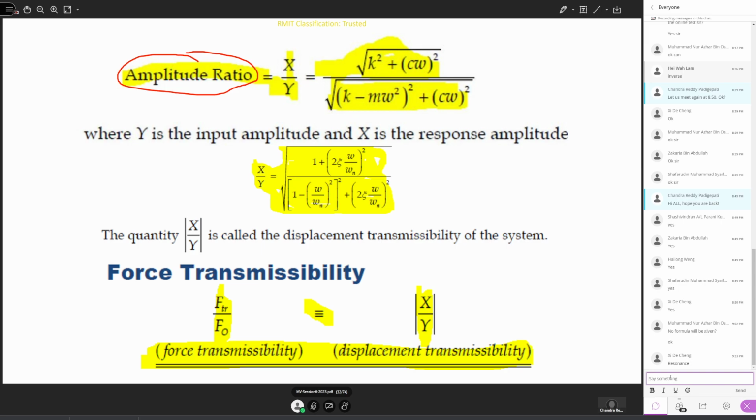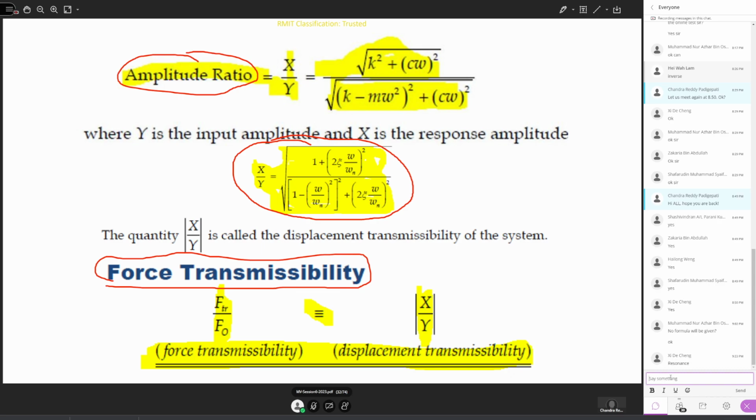Both are equal, amplitude ratio or force transmissibility. Please take note, you may be using this expression for the fourth question. You can either use this expression or the bottom expression, both will be the same. The force transmissibility and displacement transmissibility are the same.